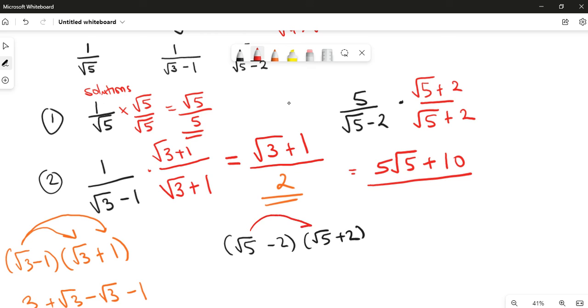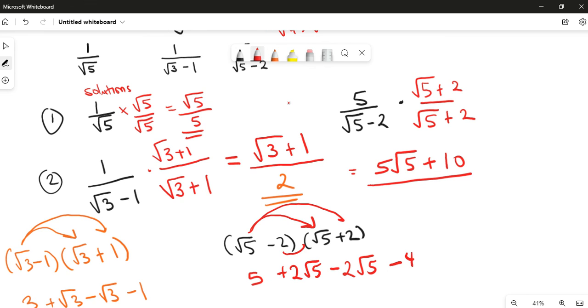The square root of 5 times the square root of 5 gives us 5. The square root of 5 times 2 gives us 2 root 5. Negative 2 times the square root of 5 gives negative 2 root 5. Negative 2 times positive 2, we get negative 4.